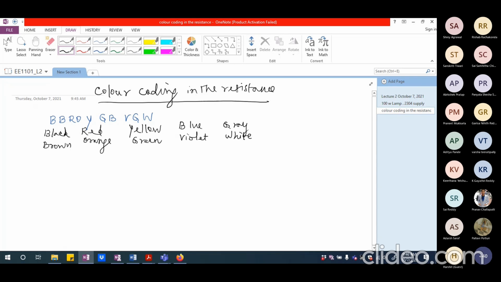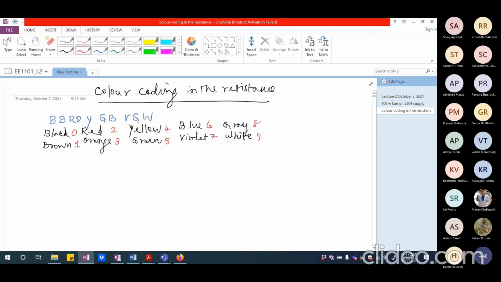I'm sure you must have studied this in the 11th or 12th standard. So black stands for 0, brown stands for 1, red stands for 2, orange is 3, yellow is 4, green is 5, blue is 6, violet 7, gray is 8, and white is 9.